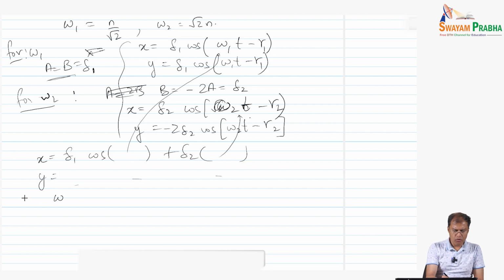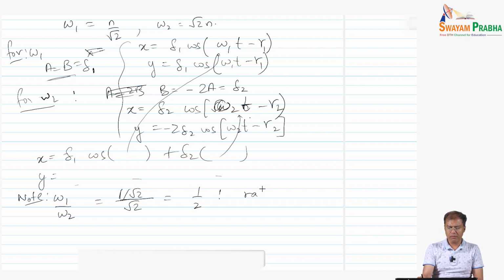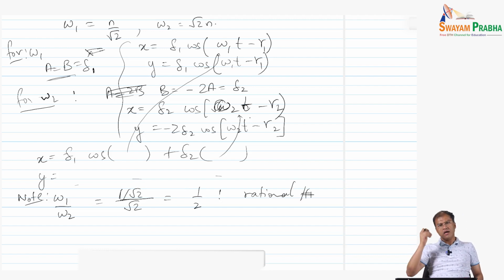Note the ratio of the frequencies omega 1 by omega 2. This comes out to be 1 over square root 2 divided by square root 2, which is 1 over 2. So this is a rational number, and we expect that the system is periodic.